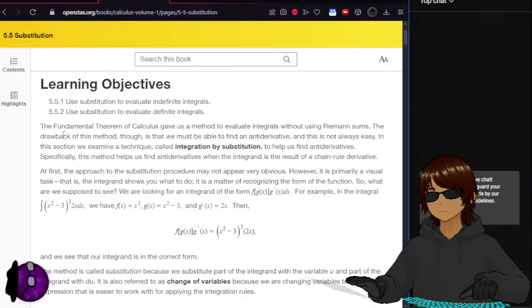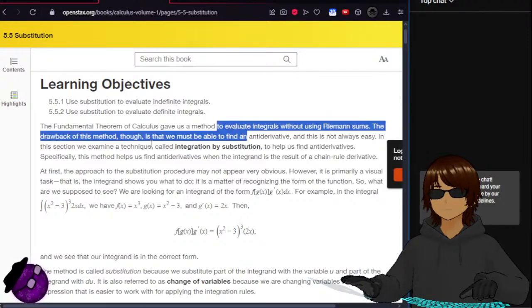The fundamental theorem of calculus gave us a method for evaluating integrals without using Riemann sums. The drawback of this method, though, is that we must be able to find an antiderivative, and this is not always easy. In this section, we examine a technique called integration by substitution to help us find antiderivatives.